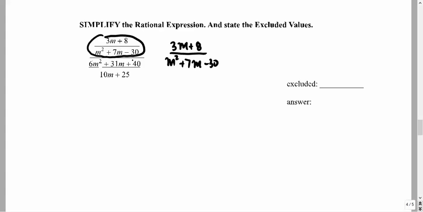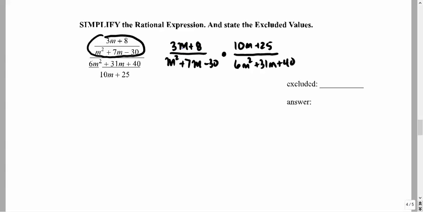And we're going to divide by the second fraction, but instead of writing divide, I'm going to write multiply by the reciprocal. So 10m plus 25 will come to the top, and the 6m squared plus 31m plus 40 will go down to the bottom. All right, so now I do my factoring.